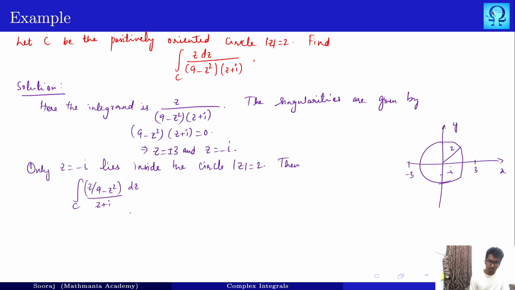Okay, so this is what your integral can be written as, right? Here z upon 9 minus z square is analytic in the specified, in the given region.